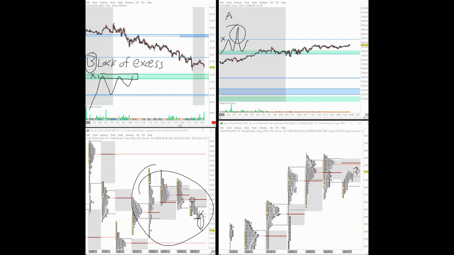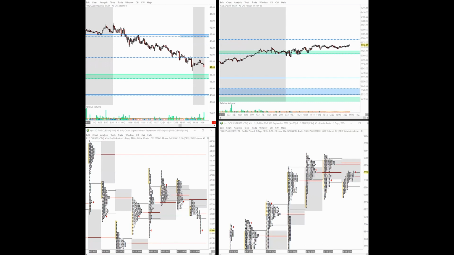It can kind of signal some short-term exhaustion or tiredness or one-sidedness or a need for inventory correction, whatever you want to call it. So not surprising the way today looks like in terms of a profile and whatnot, and its uses in terms of excess. Excess is a huge topic.